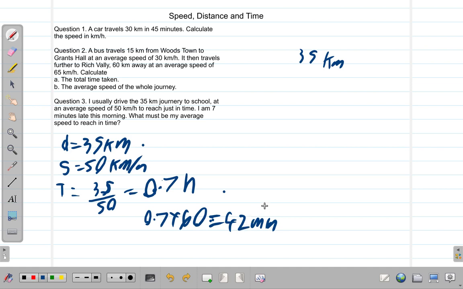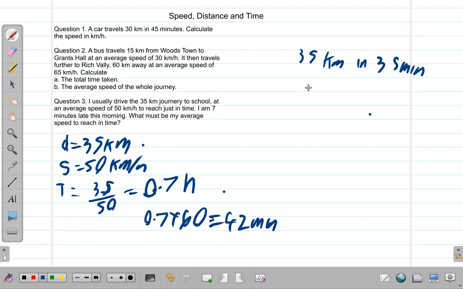We drop 2, go down to 40, 5 more, 35. In 35 minutes, alright? We must cover 35 kilometers in 35 minutes.